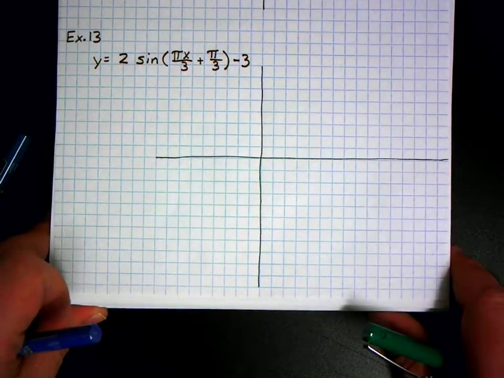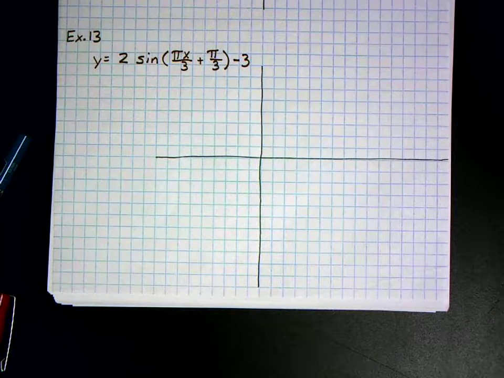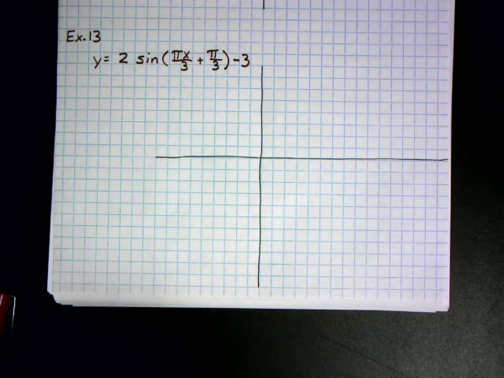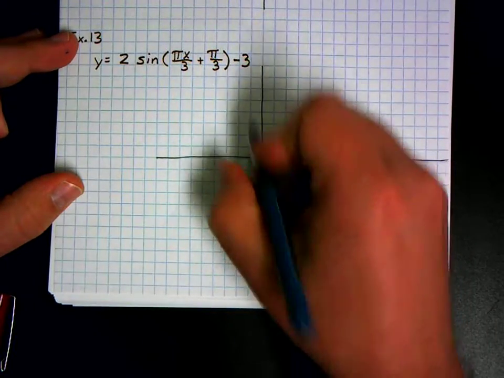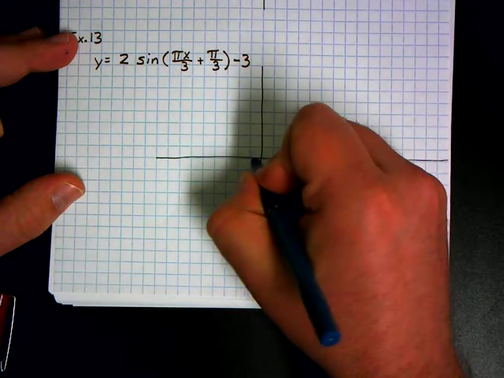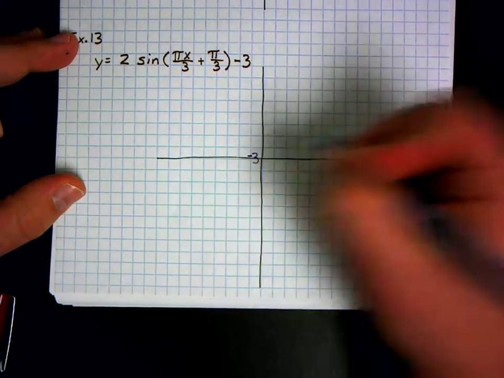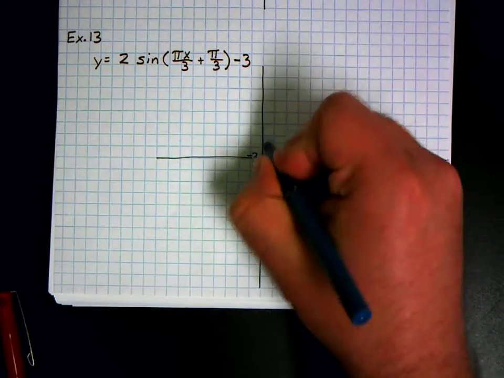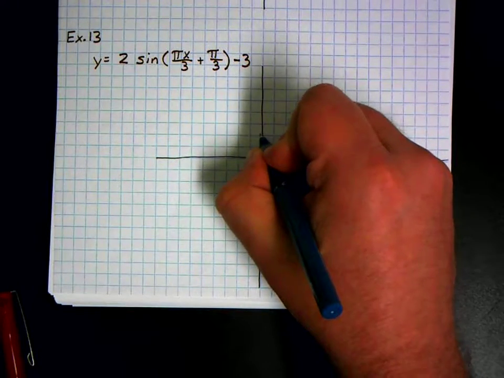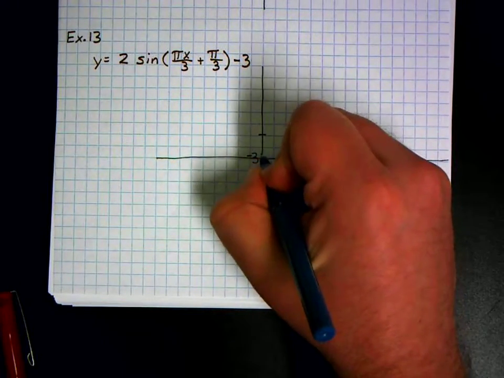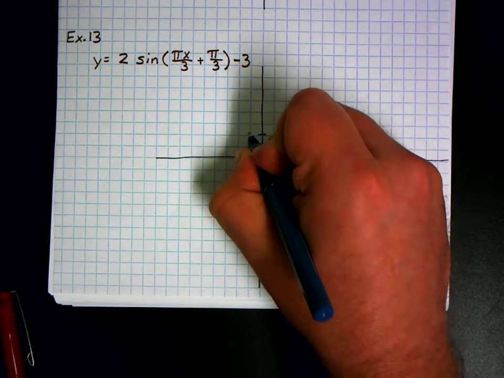Okay, you ready to try 13 real quick, and then we'll be done. Okay, so let's see. Negative 3 is my k. So I'm going to make this negative 3. My amplitude is 2. So I'm going to make this mark here negative 1.